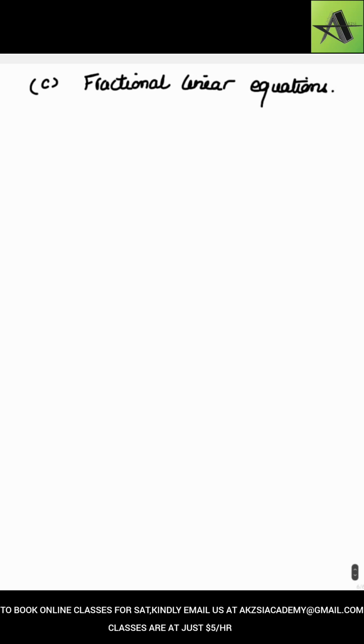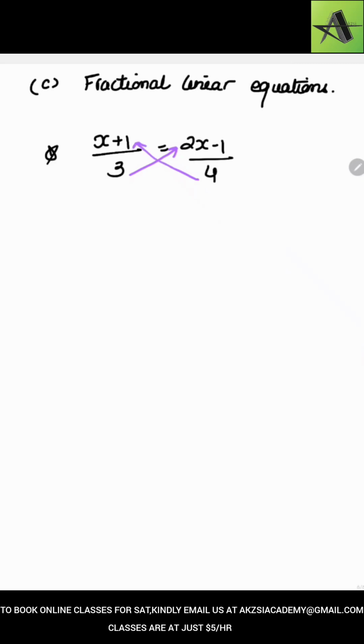Now for the next one, if it's a fractional linear equation, that means suppose it's x plus 1 over 3 equals 2x minus 1 over 4. So cross multiplication, or the way that you are doing, you can opt any one. So I'm cross multiplying, so it will go up there and it will go up there.